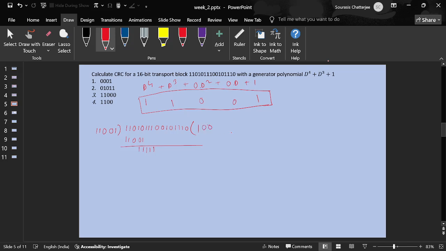I'm not really worrying about this part because the CRC is the remainder of this division. Again this, so I have 0 here, 1 here, 1 here. These two are 0, so I'm ignoring them. Now I need 2 zeros. One, 0.